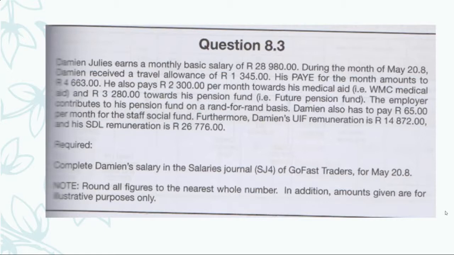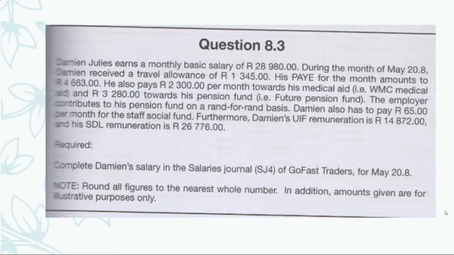The reason they give you that information is for the general ledger accounts that we're going to complete in question 8.4. Then he contributes 3,280 towards his pension fund, which is Future Pension Fund. The employer contributes to his pension fund on a Rand for Rand basis, which means whatever he's contributed, the employer will match exactly.